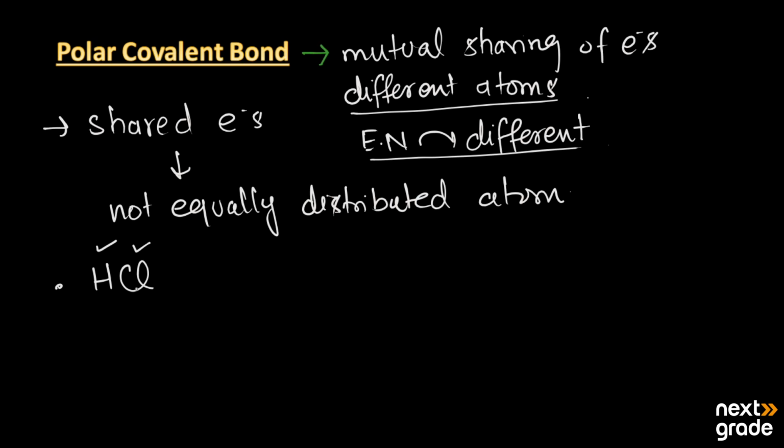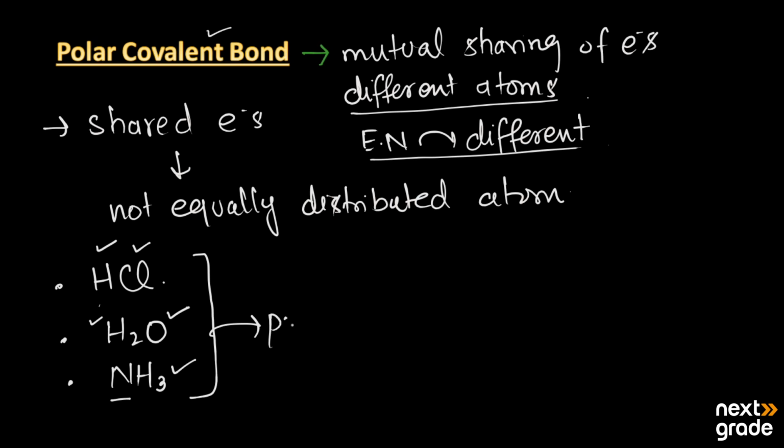Here, there are two different atoms. The second example is the water molecule, H2O. Here we have two different atoms, oxygen and hydrogen. The third example is ammonia, NH3. Here nitrogen and hydrogen share the electron pair and form a covalent bond, as the bond is between two different atoms. So this bond is known as the polar covalent bond.